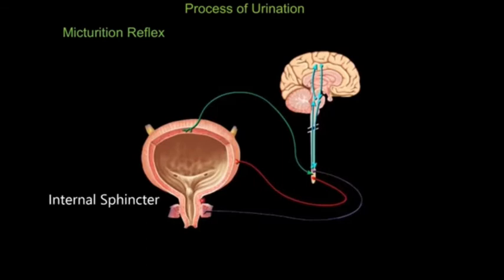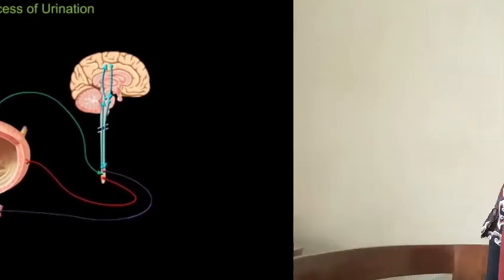There is an internal sphincter, which is closest to the urinary bladder, composed of smooth muscle and under involuntary control, and an external sphincter, which is under voluntary control. So, as the smooth muscles that line the urinary bladder contract, the urinary sphincters relax and open, allowing urine to pass through into the urethra.